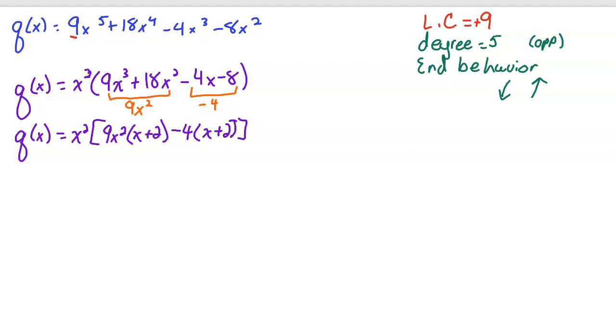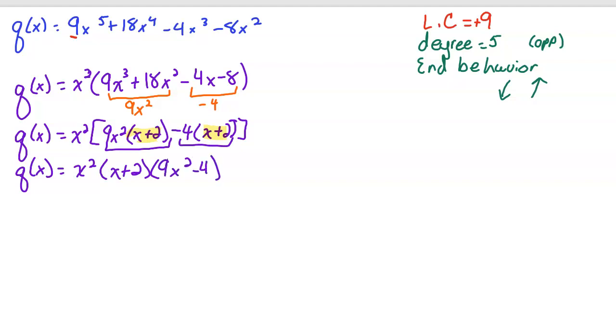And so now notice that these are the same. And so I'm going to factor those out of my two terms. So I have q of x is equal to x squared times x plus 2 times 9x squared minus 4. Now out of this, I can actually still factor. This is a difference of squares.